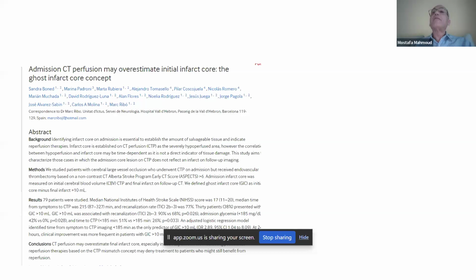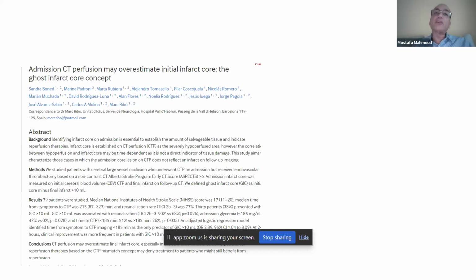We are very aware in Hamad Medical Corporation of the ghost infarct score, which is an overestimation of the CBV in the early phase of the stroke. This early phase will lead to a miscalculation of the CBV.